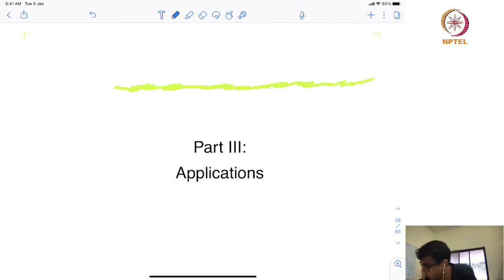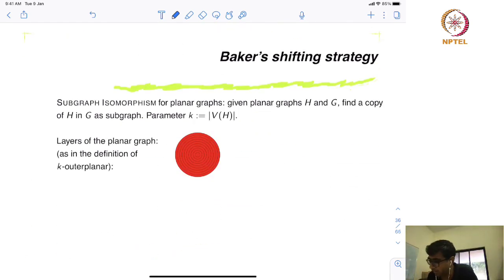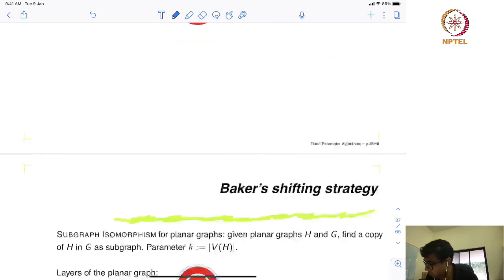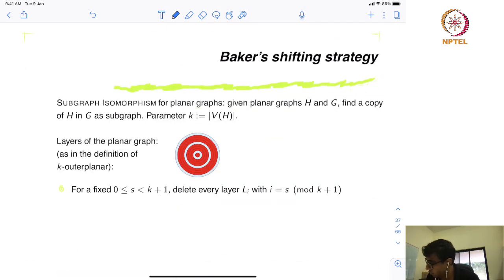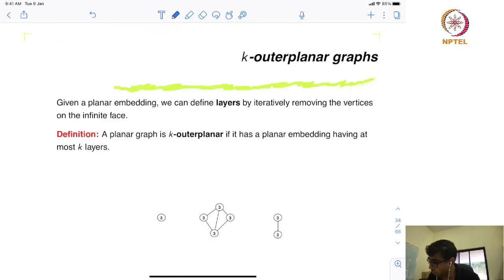And what is known is a very nice relation between outer planar and tree width, which we will exploit for some of the examples, as we will see in a minute.